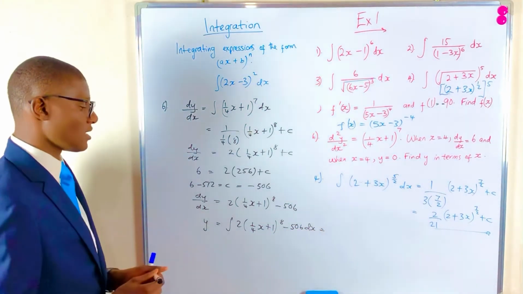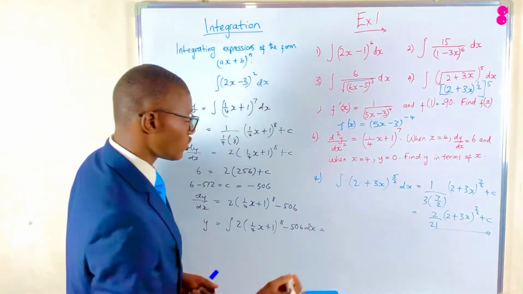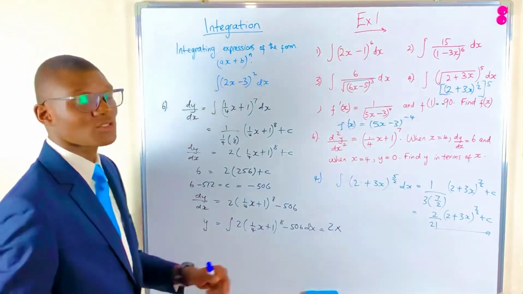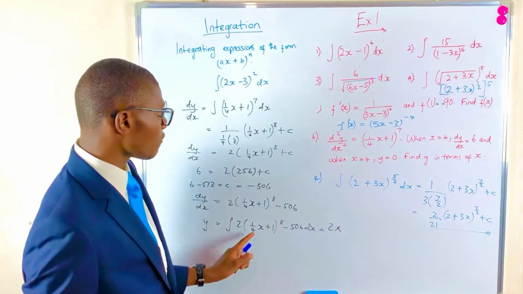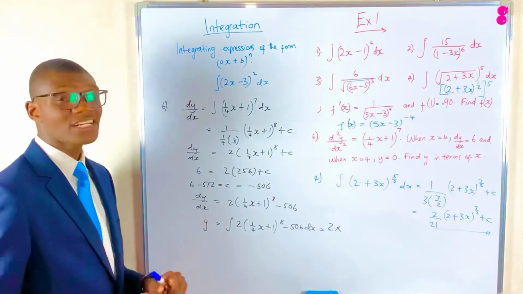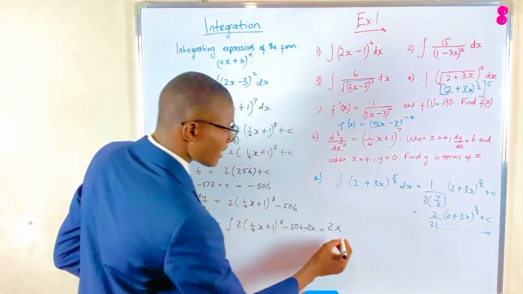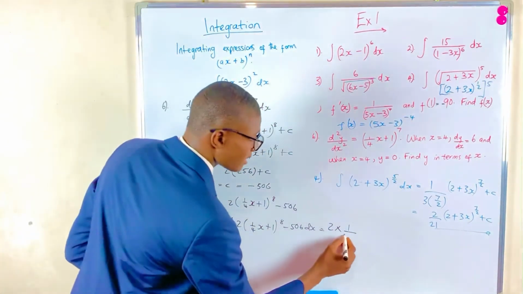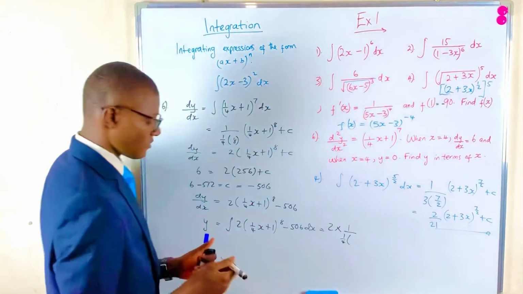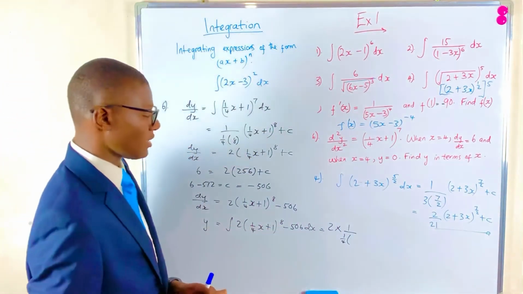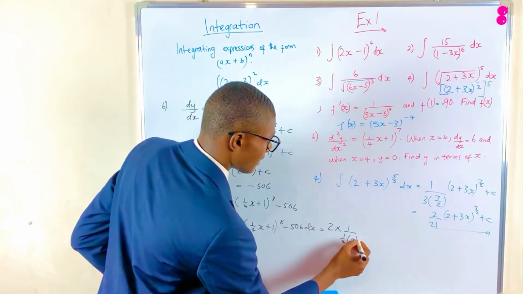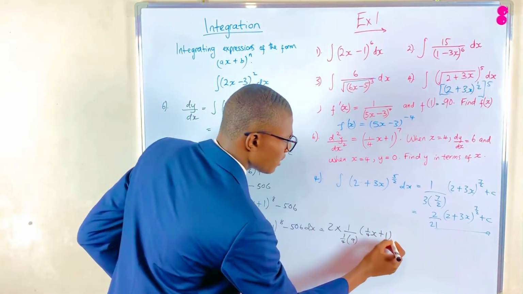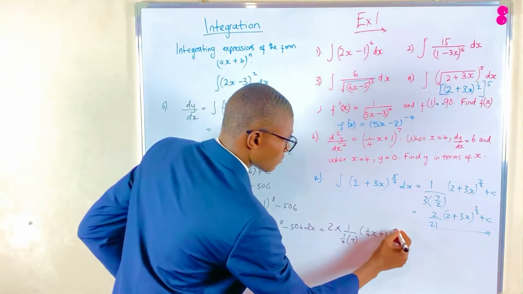And this will give us, if we take out the 2, since it's a constant, 2 times the integral of 1 over (4x plus 1) raised to the power of 8. We're saying that 1 over the derivative of what's inside the brackets, that's 1 over 4, times n plus 1. 8 plus 1, we get a 9. Then times 1 over (4x plus 1) to the power of n plus 1, that's also a 9.